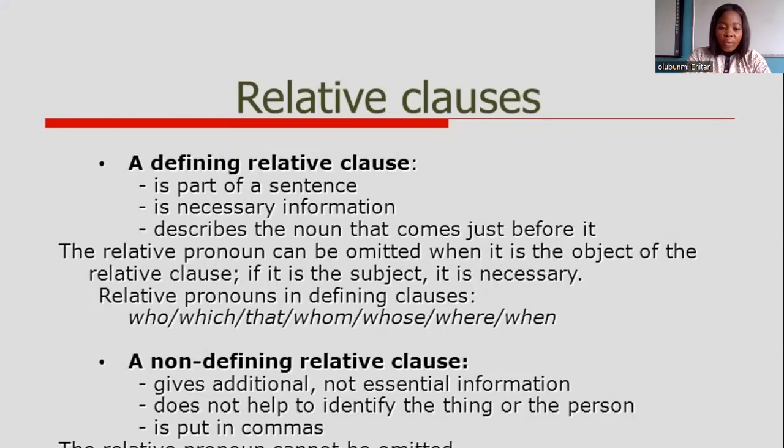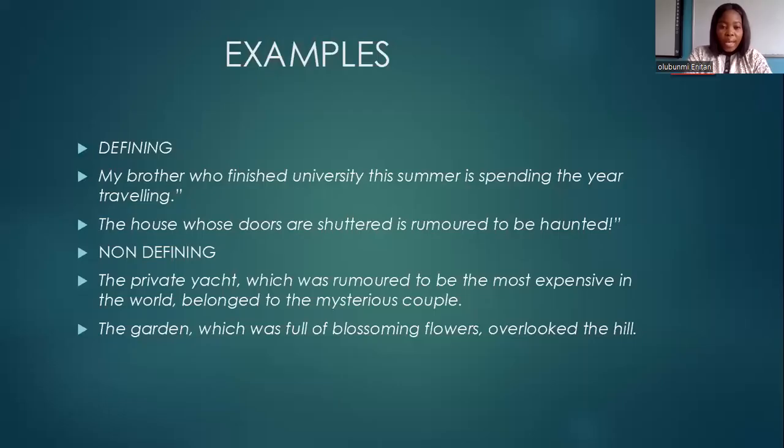That is the non-defining relative clause. So basically, remember that the defining relative clause is part of a sentence, being a clause, but it's necessary information. But the non-defining gives additional information. It's not so essential. You can just leave it out of the sentence.